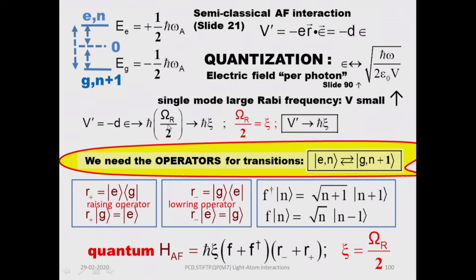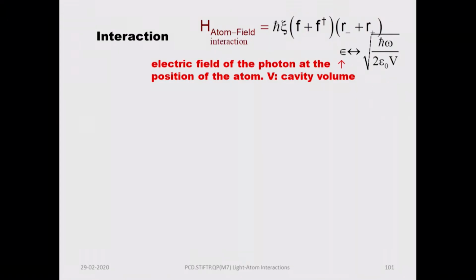That is how we define the Rabi frequency, right. So, it is this h cross xi, and now you have got the destruction and the creation operator for the photon and the lowering and the raising operator for the atom. So, writing this quantizes the interaction, and now you have got a complete quantum description of the interaction between the atom and the radiation field, a single mode radiation field which is described by one photon. Okay? So, you have this interaction.